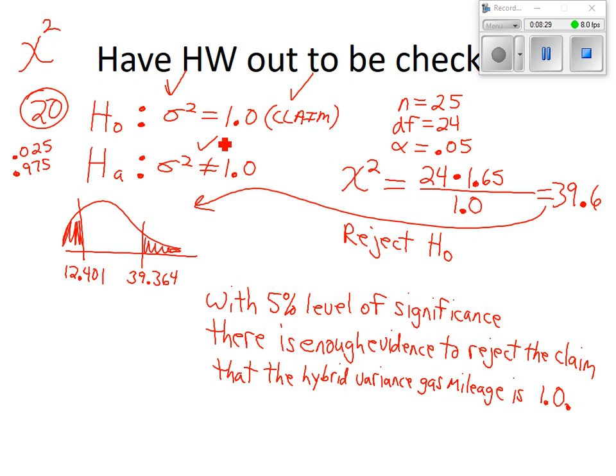But 1 point for drawing the graph, 1 point for the correct critical values, so that's 2 points there. 1 point for this, the number you're checking. 1 point for deciding whether to reject or fail to reject. Then 3 points here, so 3, 4, 5, 6, 7, 8, 9, 10 points.